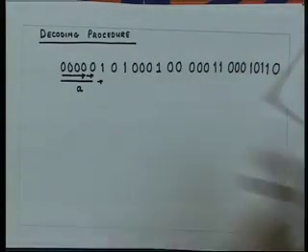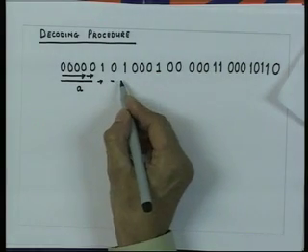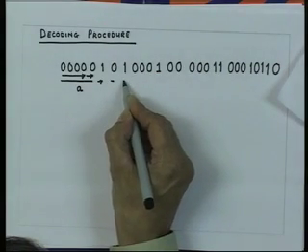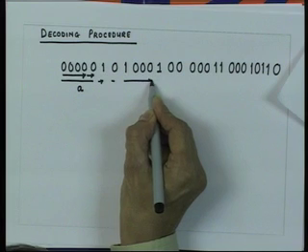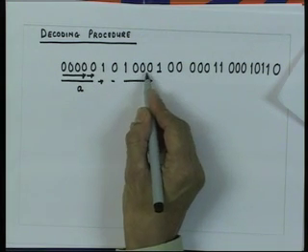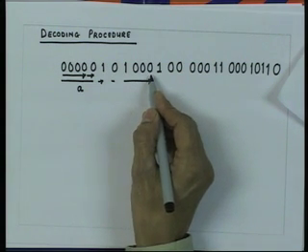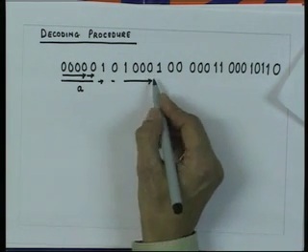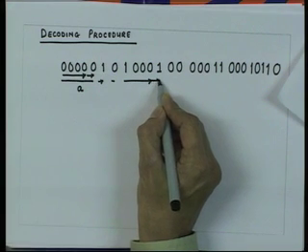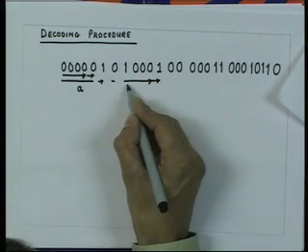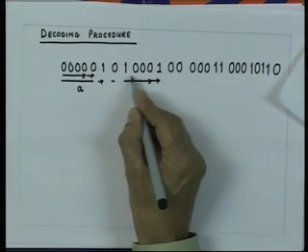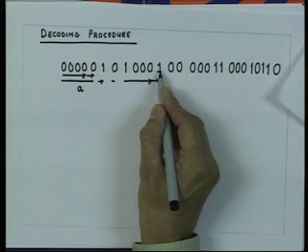So the next 4 bits are 1, 0, 0, 0, which correspond to decimal number 8, which is less than 10. So we read in one more bit to get the 5-bit word as 1, 0, 0, 0, 1.